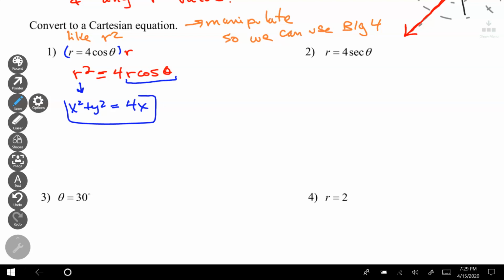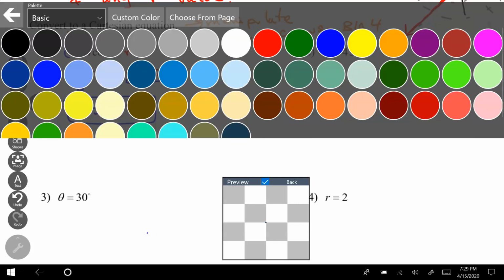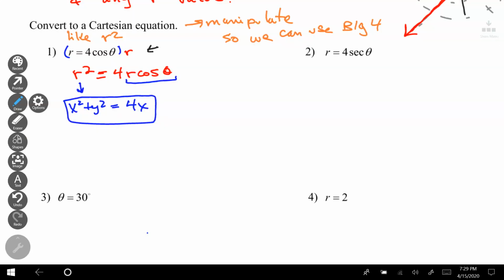The whole point is I start with r's and thetas, and I end up with x's and y's.